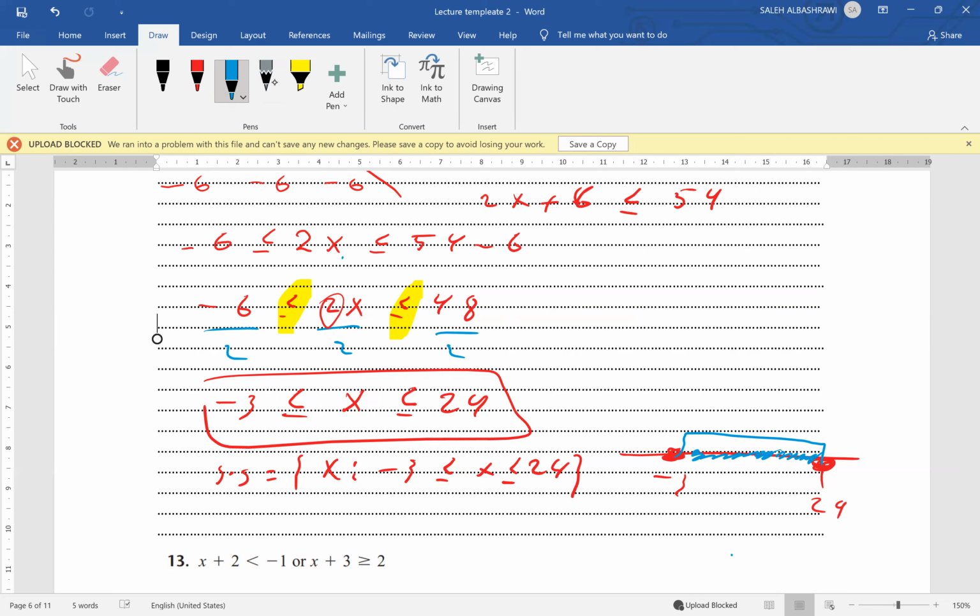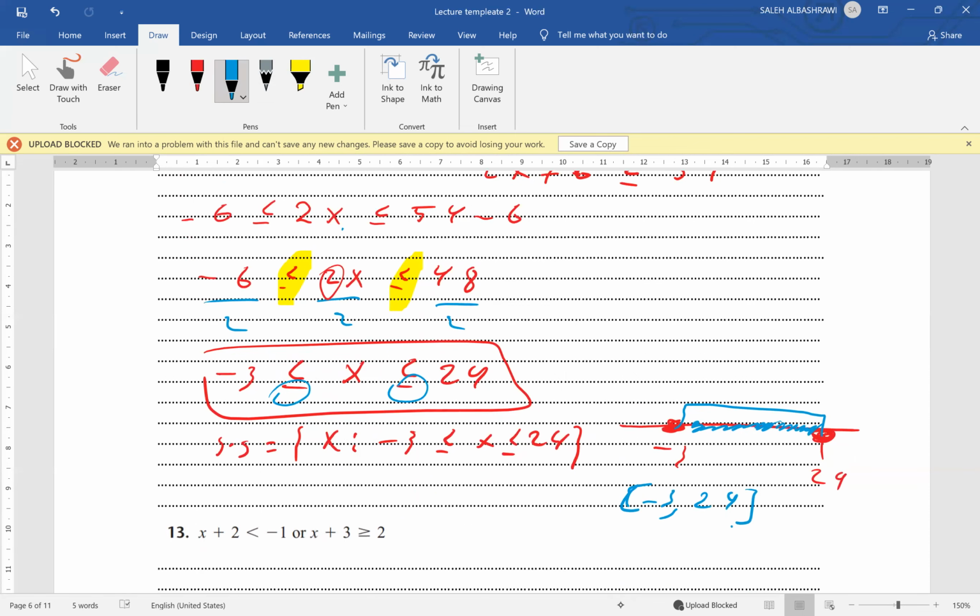Or I can write it in interval notation as closed minus 3 and 24. So it is a closed interval because I have equality there, less than or equal. So it is between minus 3 and 24.